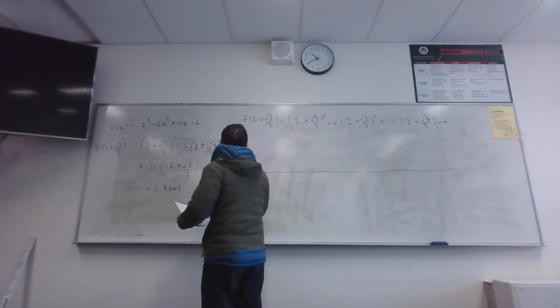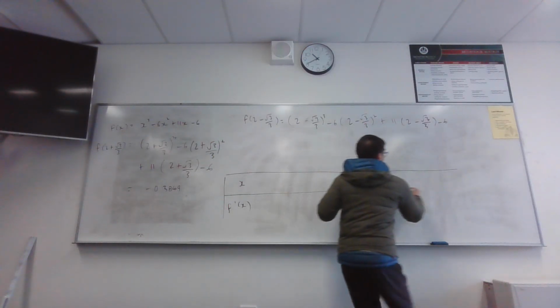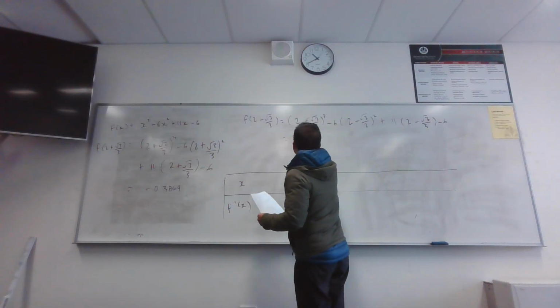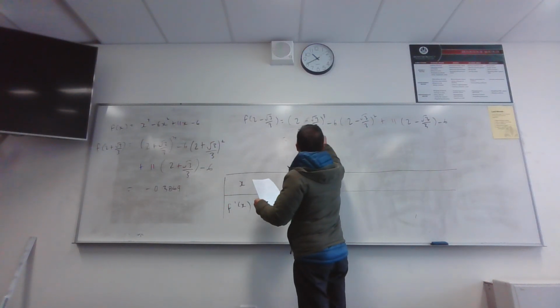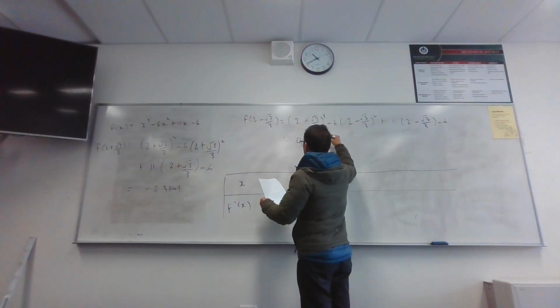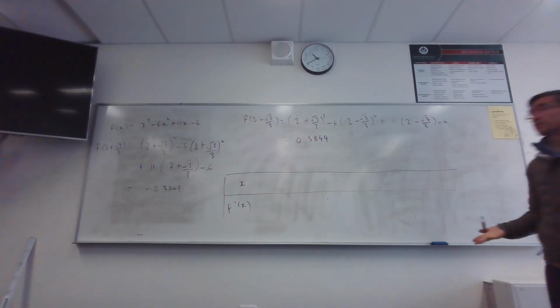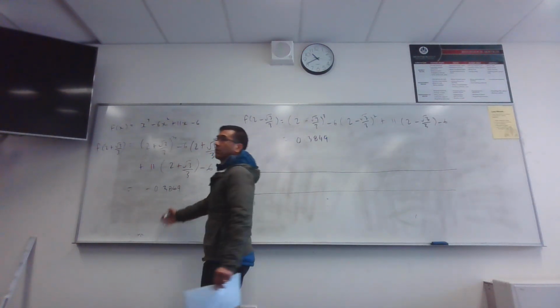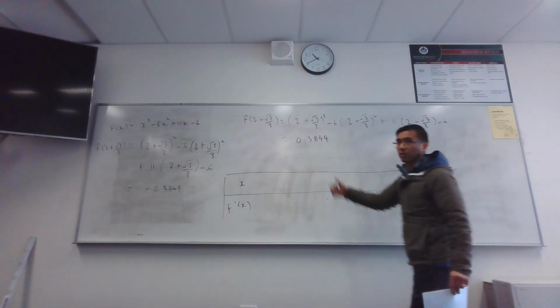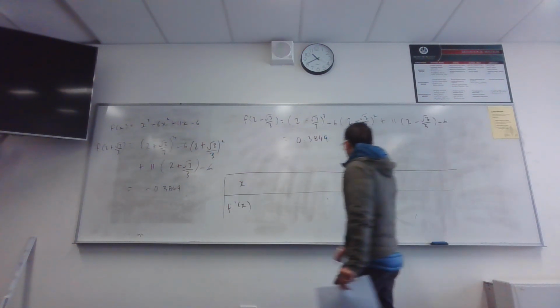Who's got the answer for me? 0. Thank you. Okay. You can see this graph is quite symmetrical because one is a negative 0.3849, the other one's a positive 0.3849. Okay.